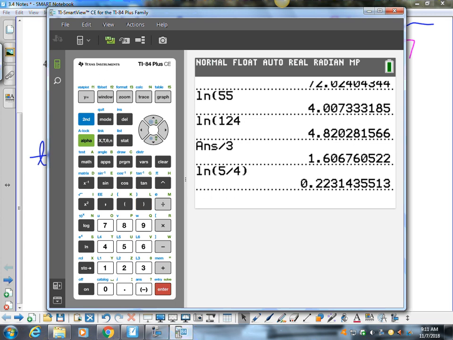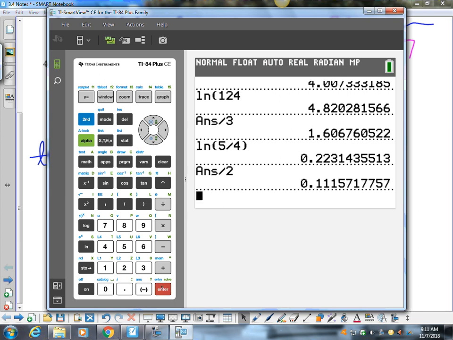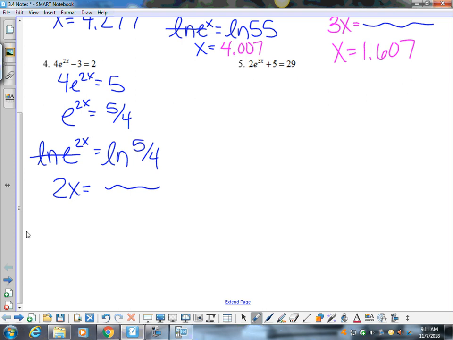Take that decimal and I'm dividing it by, is it 2? 0.112. Why do you think I do this little squiggly line? What would happen if I left that blank and I went to my calculator and I typed the ln of 5/4 and then divided by 2 and got 0.112?